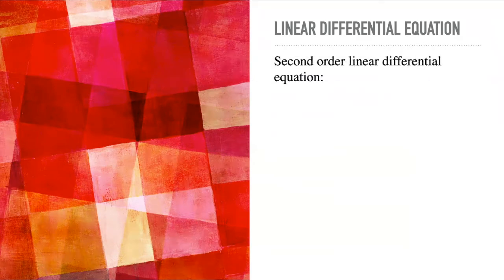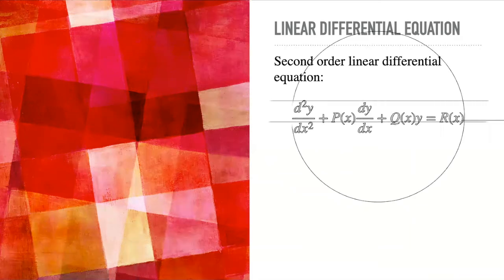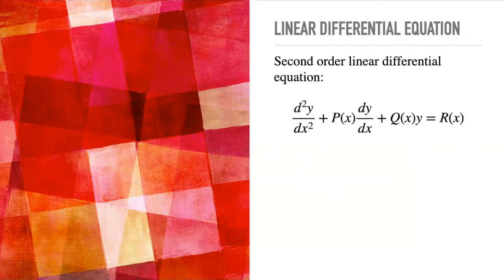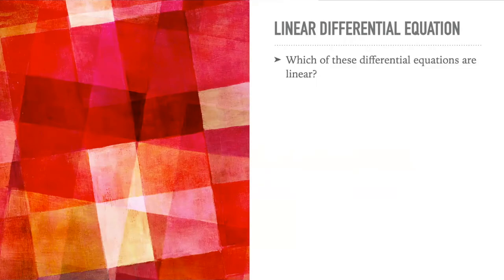Now for a second order linear differential equation, the general format is d squared y over dx squared plus px dy dx plus qxy equals rx. Now px, qx, and rx are continuous functions, and looking at it, it's a second order with a degree of 1. So let's get into this activity where we will be finding which of these differential equations are linear.